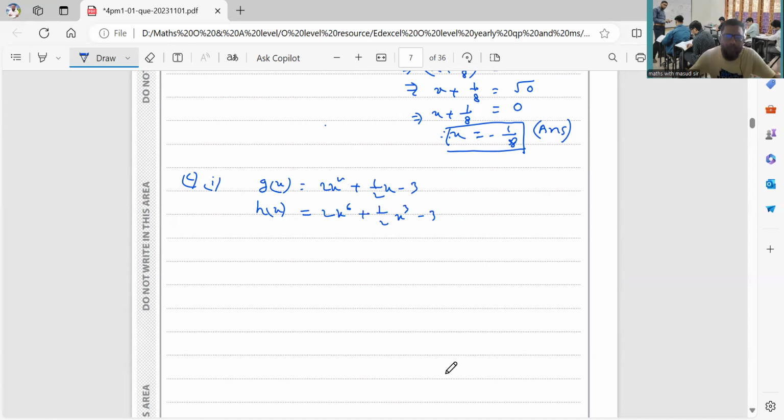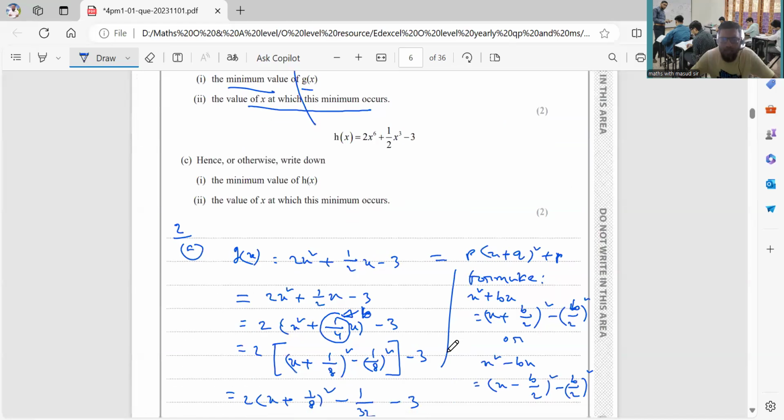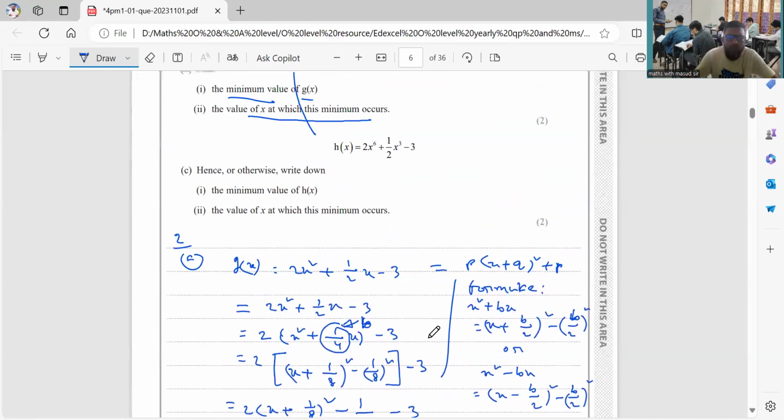Am I right? 2x to the power 6 plus 1 by 2 x cube minus 3. And the question asks you to find the minimum value of h(x) and the value of x.